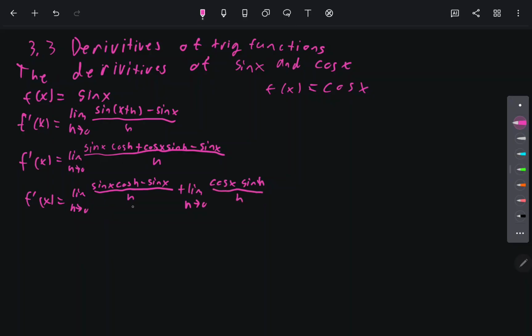Alright, what do we do with this? Well, luckily for us, we can factor out a sine of x and a cosine of x out of these two limits. So we're going to say that f prime of x is equal to sine of x times the limit as h approaches 0 of cosine of h minus 1 all over h.